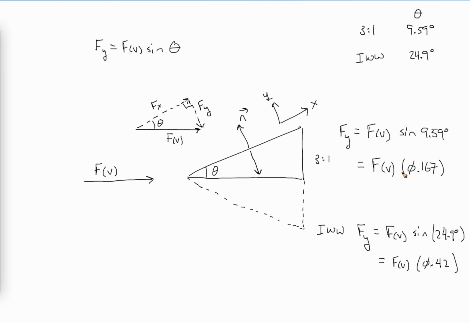So the 3-to-1 basically reduces the force acting directly against the edge to 17% of the total force acting on the broadhead, on the arrow. The shorter, stubby Iron Will reduces that to only 42% of the total force value.